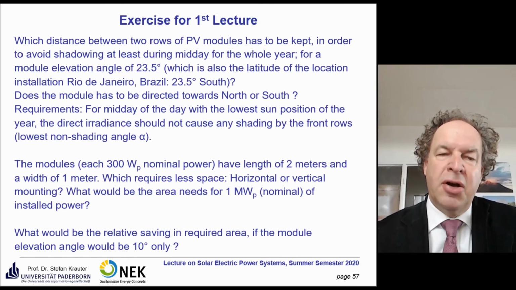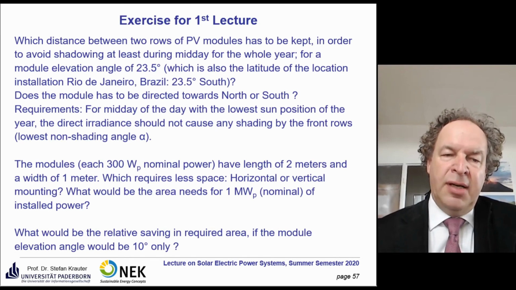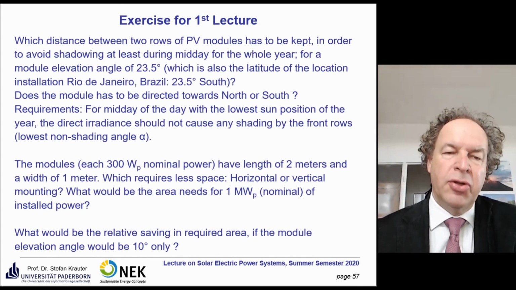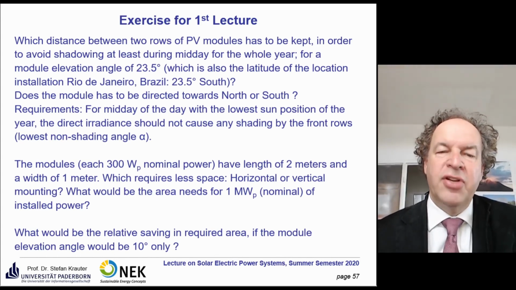It's also not winter there, it's summer there. The worst condition is then at 21st of June. There's the lowest position. We have a position which is 23.5 degrees south, and also the elevation angle of the module is 23.5 degrees.